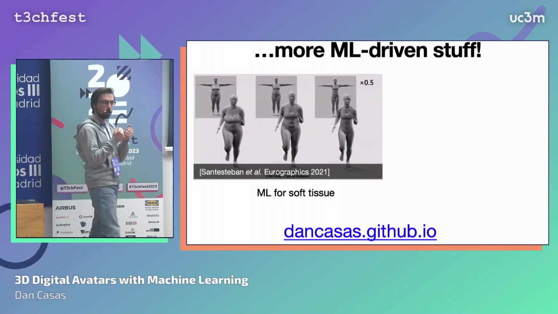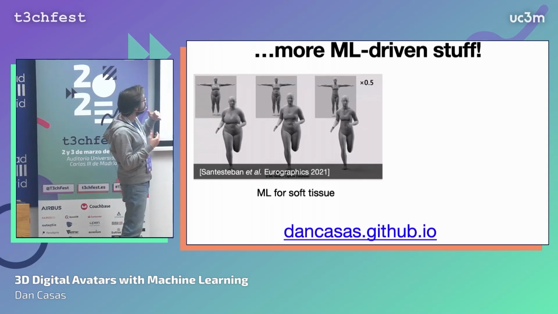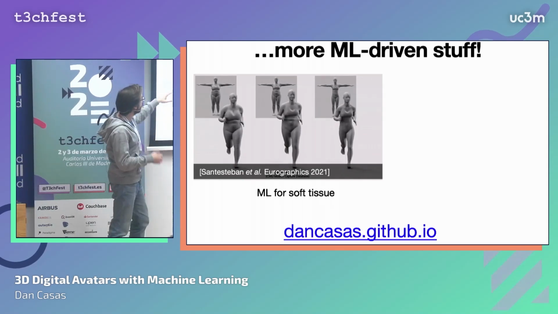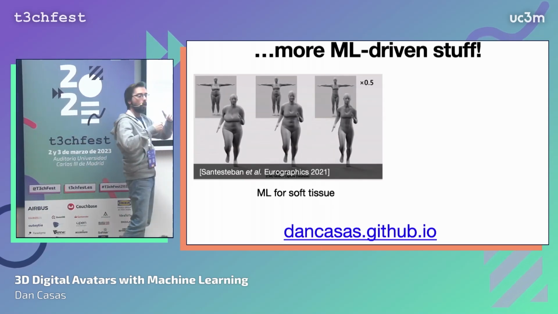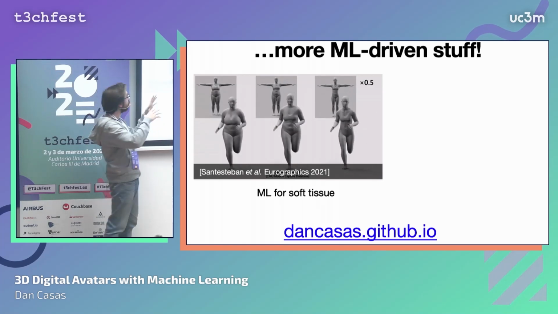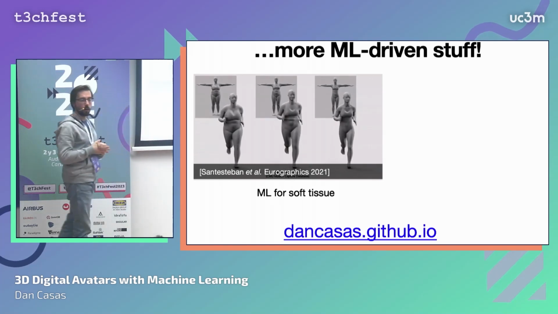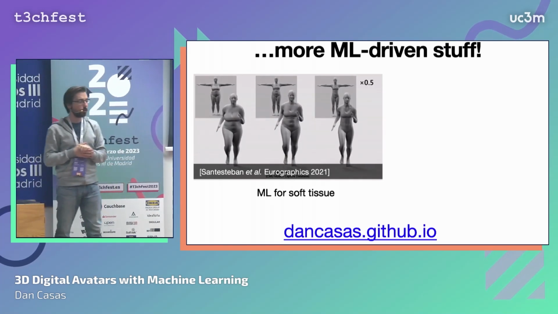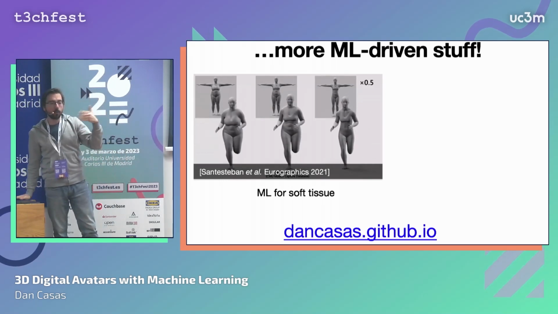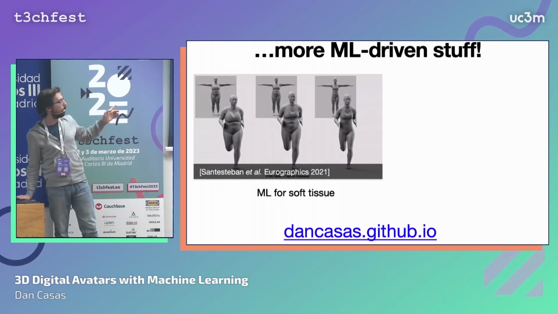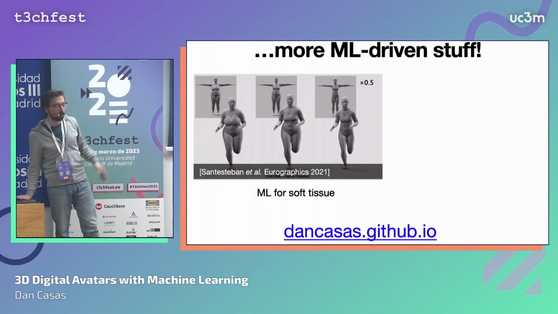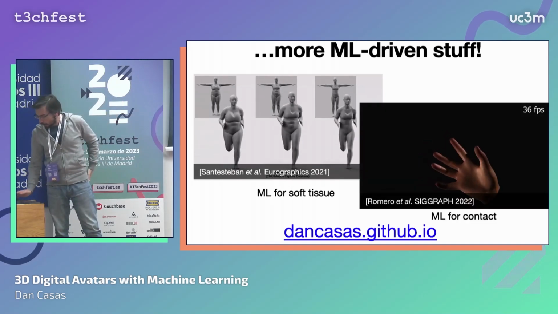So here we use machine learning to learn to deform these humans as a function of their shape and their motion. You should see some funny effects in this video, right? Again, we trained machine learning to do that. It's something you can do with physics, but it's super expensive. With machine learning, we can do this at 1,000 frames per second, roughly.